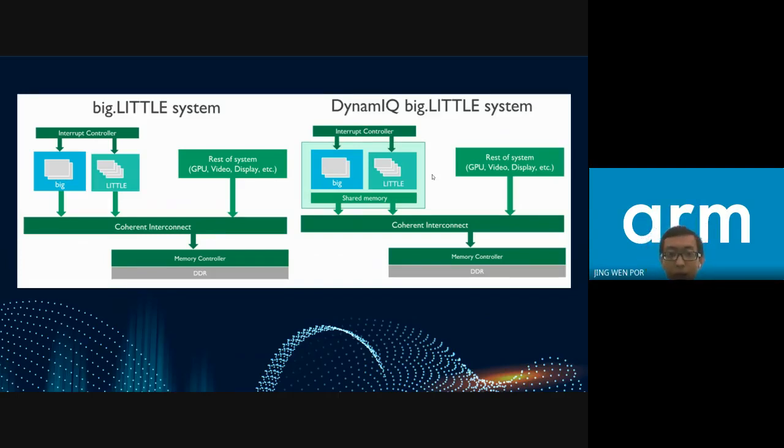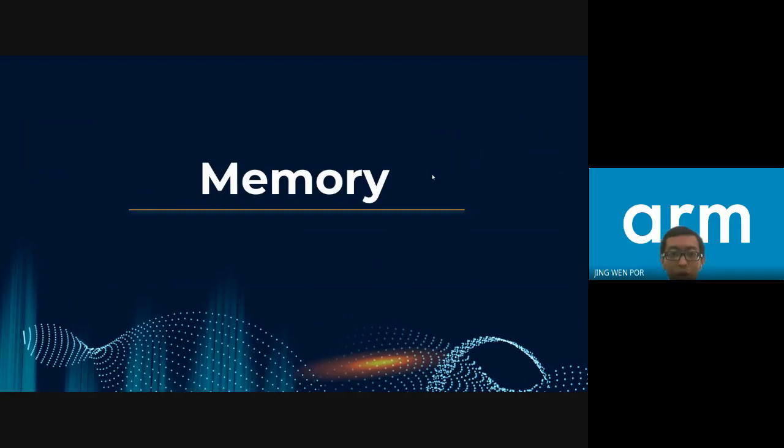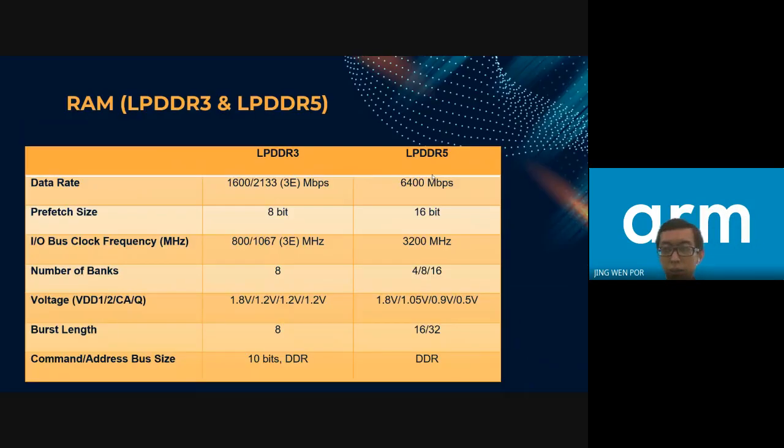So now I'm going to continue with the presentation on the memory that is supported by both of the processors. So basically, as in the comparison table just now, for Exynos 5410, the processor supports the LPDDR3 RAM, while for Exynos 2100, the processor supports the LPDDR5 RAM.